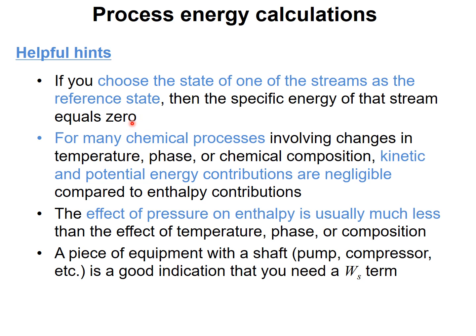It's very important to choose the state of one of the streams as the reference state. If you make an appropriate choice, you could simplify the process energy calculations. Please remember, you should choose in your own way the state of one of the streams as the reference state.